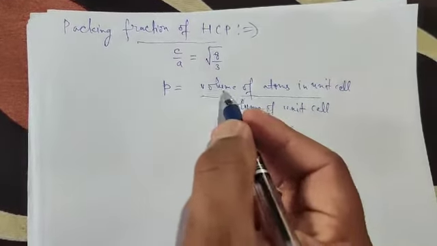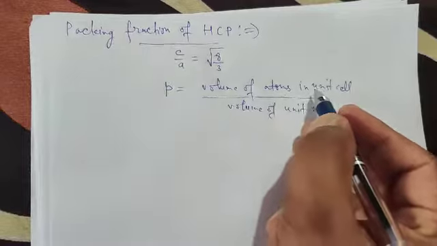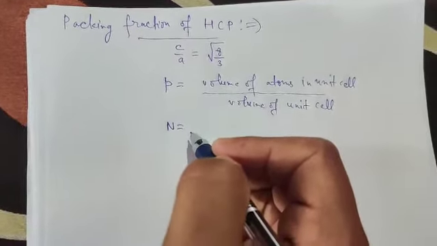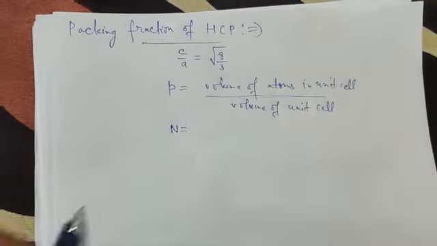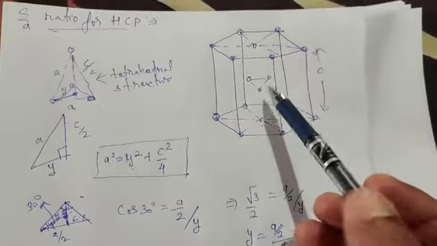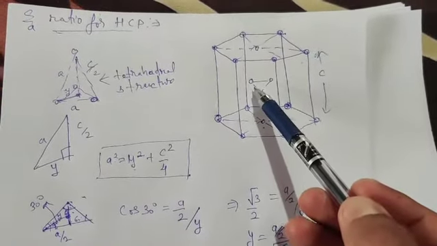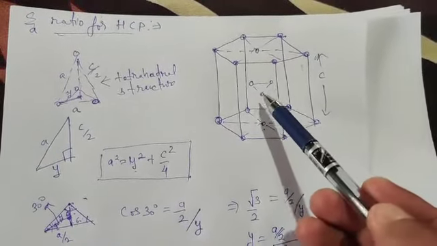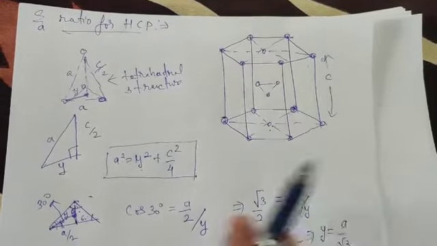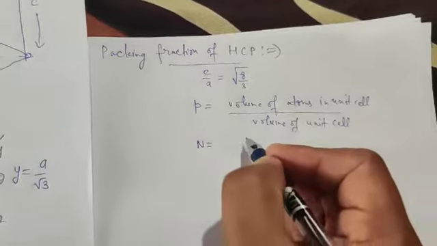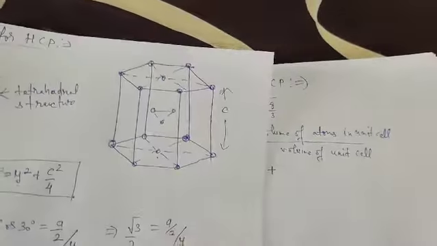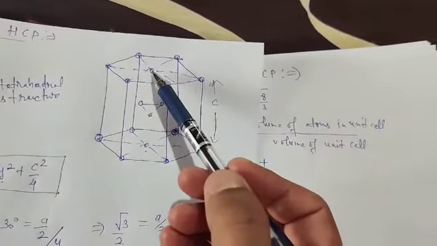To calculate the volume of atoms in the unit cell, we have to calculate the effective number of atoms in the unit cell. We know that in this hexagonal closed packing unit cell, we have 3 atoms in the center of this unit cell. So this will be 3 plus, these are on the faces.